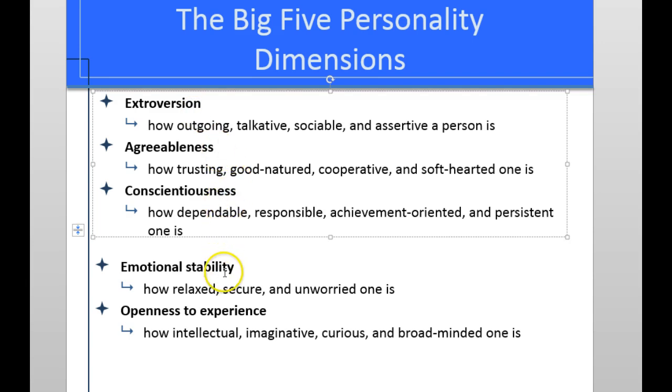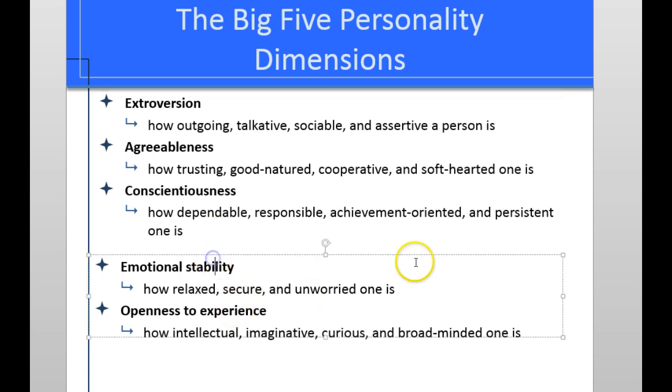All of these are traits that you want to know about your employees. How emotionally stable they are.